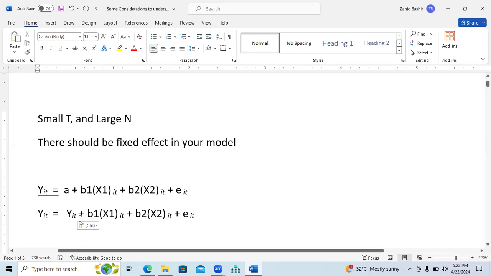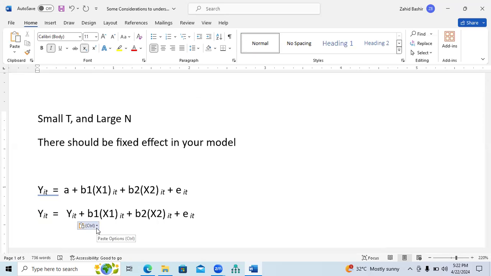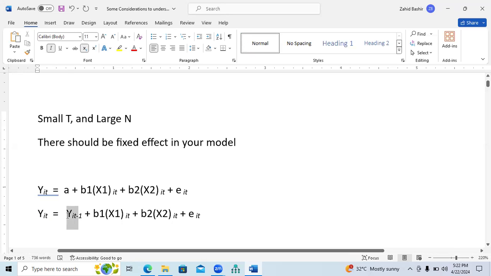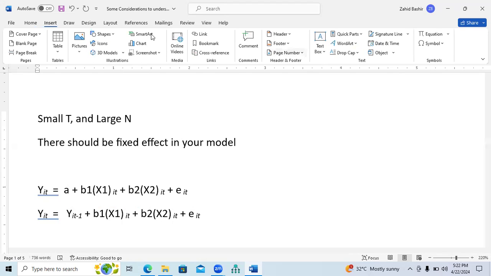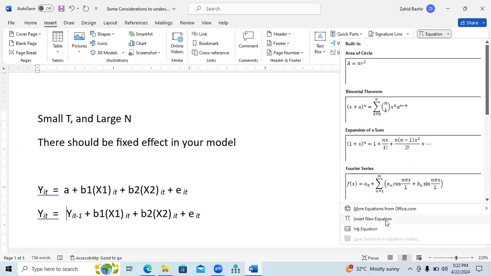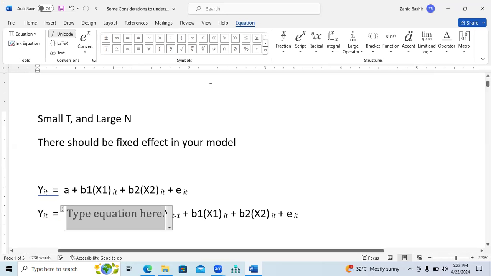Y IT minus 1, and include here another term for calculating its variation. For example, if I would like to find another estimator, let me show you another symbol.